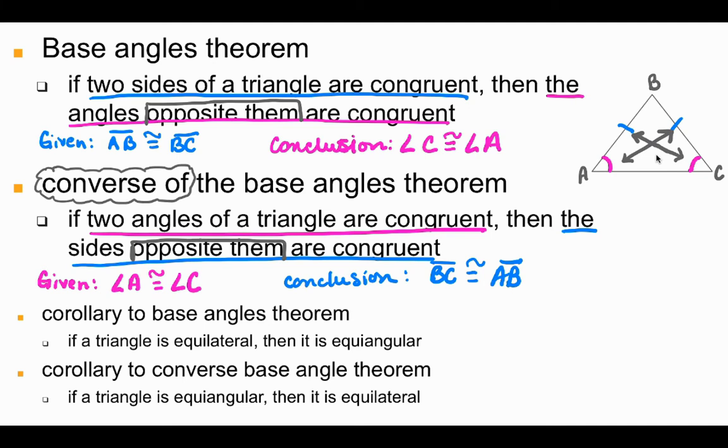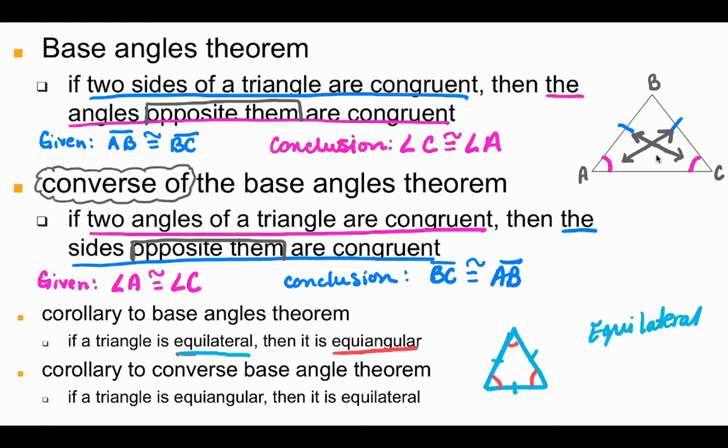Keep in mind that an equilateral triangle is a special isosceles triangle. So our equilateral triangle is when all of our sides are the same. And if we apply the base angles theorem to that, opposite each of our congruent sides is a congruent angle.